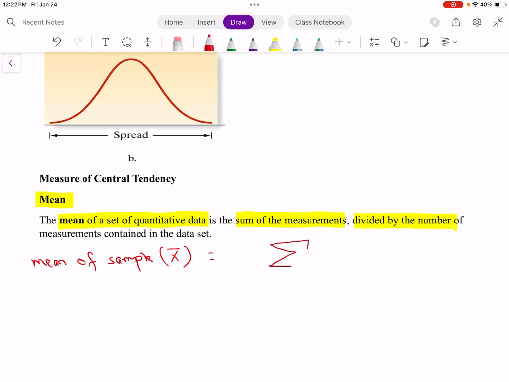Have you seen this notation before? This is the summation notation. So x bar is the summation of xi, where xi represents each measurement, and i runs from 1 to n, divided by n. n is the total number of measurements.